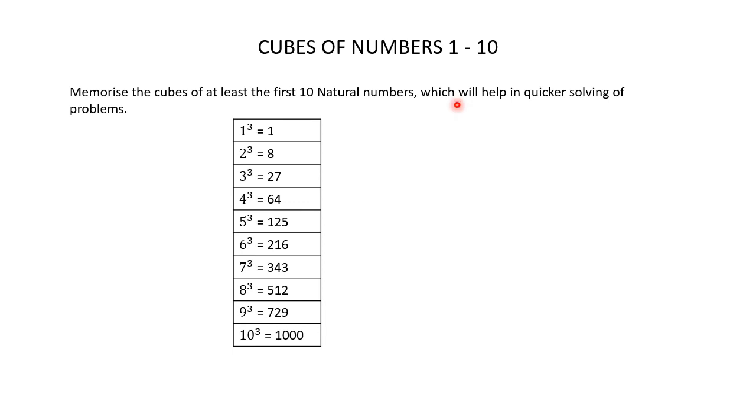To solve problems on cubes and cube roots quickly, memorize the cubes of at least the first 10 natural numbers. 1 cubed is 1, 2 cubed is 8, 3 cubed is 27, 4 cubed is 64, 5 cubed is 125, 6 cubed is 216, 7 cubed is 343, 8 cubed is 512, 9 cubed is 729 and 10 cubed is 1000.